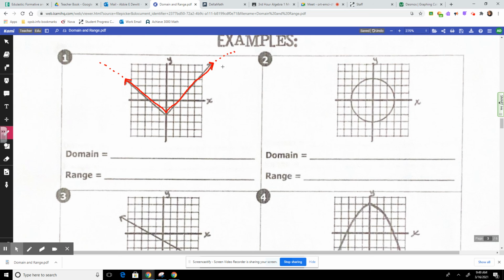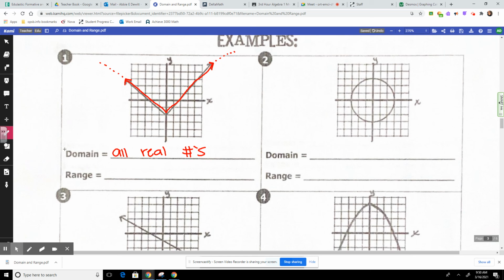So if you take a piece of paper and you cover up your graph going all the way to the left, you'll see that the arrow continues to go off your paper to the left. And if you cover up your paper to the right, you'll see that my arrow continues to go forever and beyond to the right. Because it continues forever to the left and right, your domain is all real numbers. All real numbers.